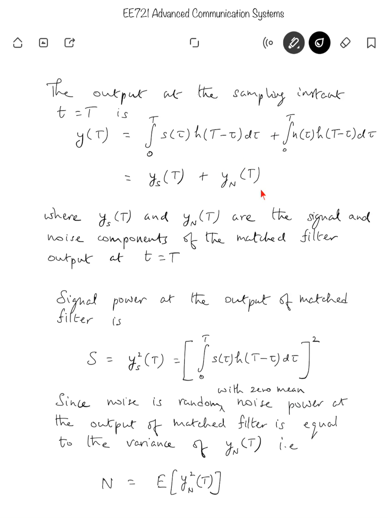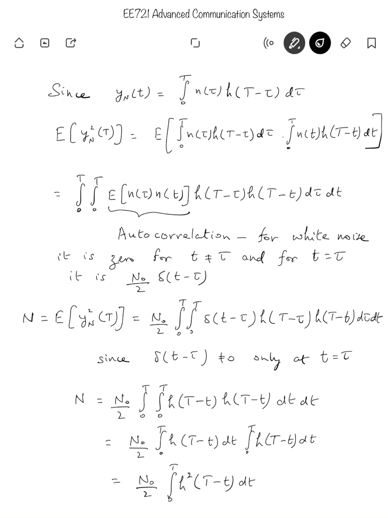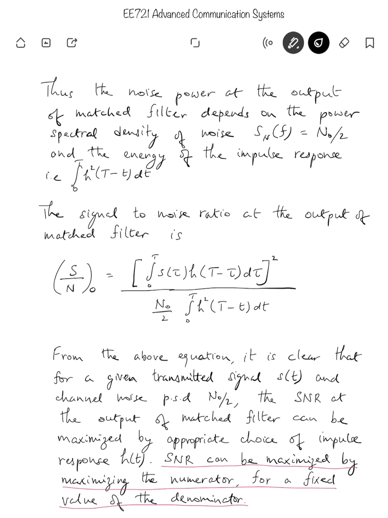And then we computed the power in the noise component at the matched filter output, which is represented by this expression here: N naught by 2 times the integral of h square of t minus tau, which is basically saying that the noise power at the output of the matched filter depends on the noise power spectral density and the energy of the impulse response. So that is what I have stated here.